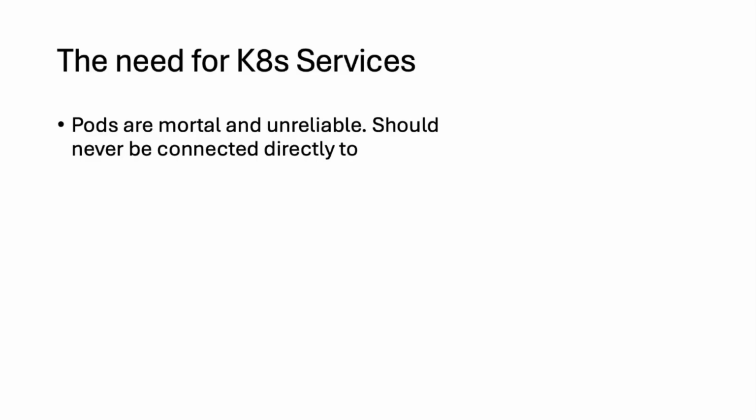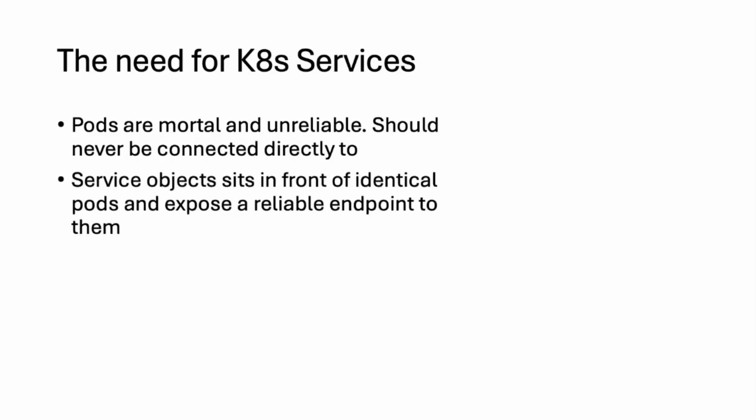So this means that clients cannot directly connect to pods because they are inherently unreliable. What we need is a stable endpoint that clients can connect to and that is always available and doesn't change. And this is exactly what the service objects provide.